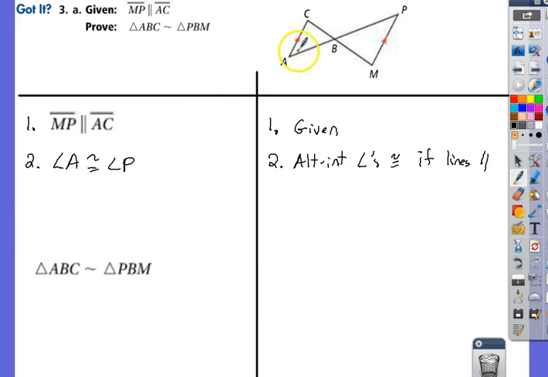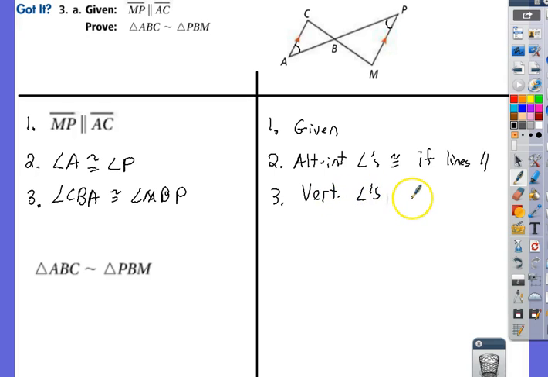So that's congruent to that. Then why would angle CBA be congruent to angle MBP? Vertical angles congruent. Reflexive means the same angle, not just the same vertex.